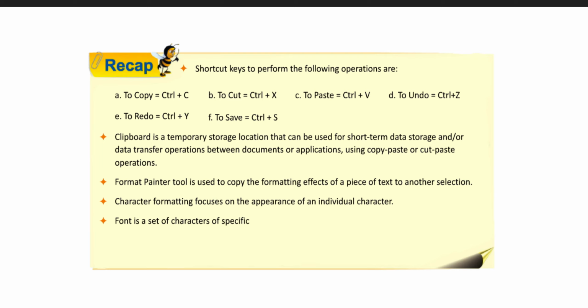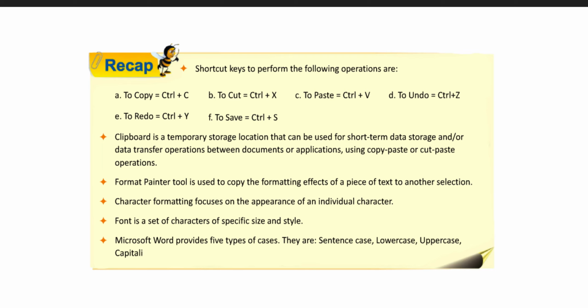Character formatting focuses on the appearance of individual characters. A font is a set of characters of a specific size and style. MS Word provides five types of cases: sentence case, lowercase, uppercase, capitalize each word and toggle case. Next, superscript and subscript options.